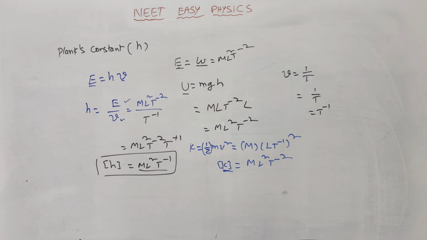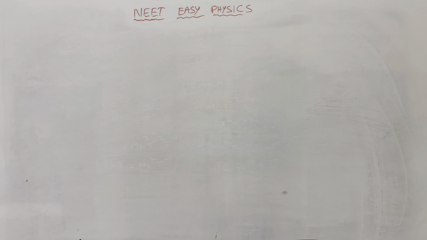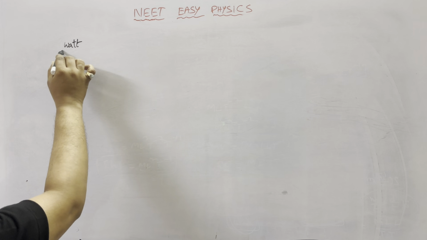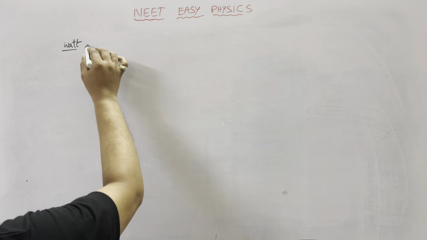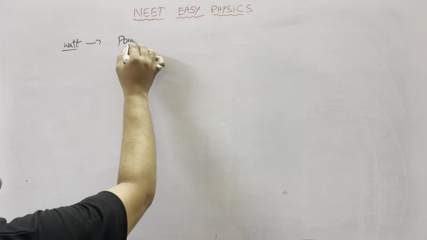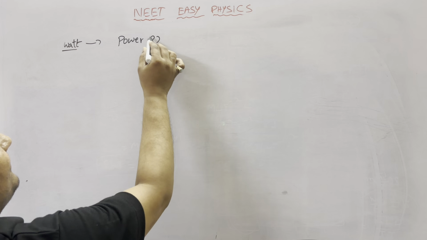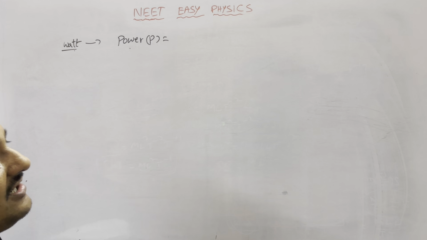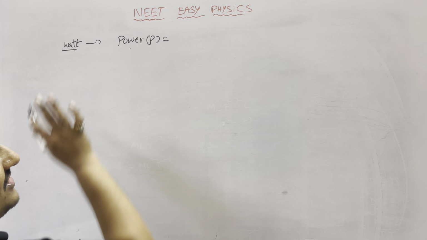But now we will see one more dimensional formula. What is the dimension formula for watt? Watt is the unit for power. What is the power definition? First you should know which physical quantity this unit is for, otherwise you cannot write the dimensional formula.